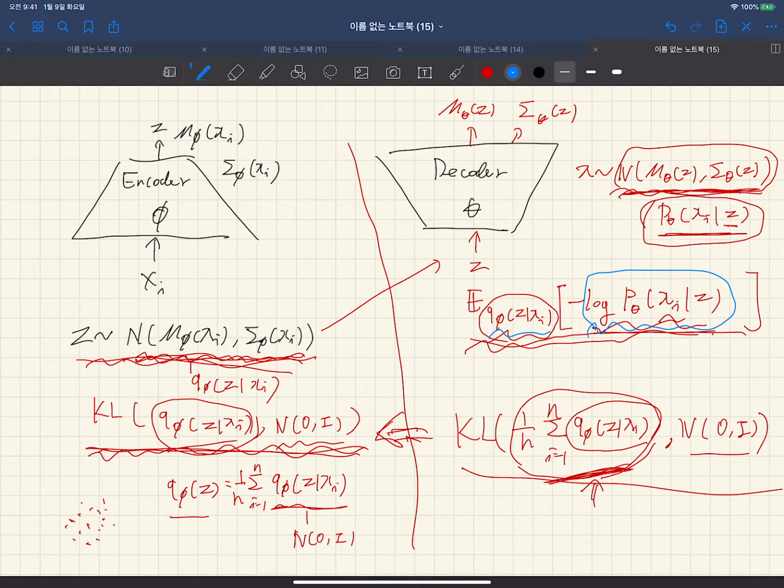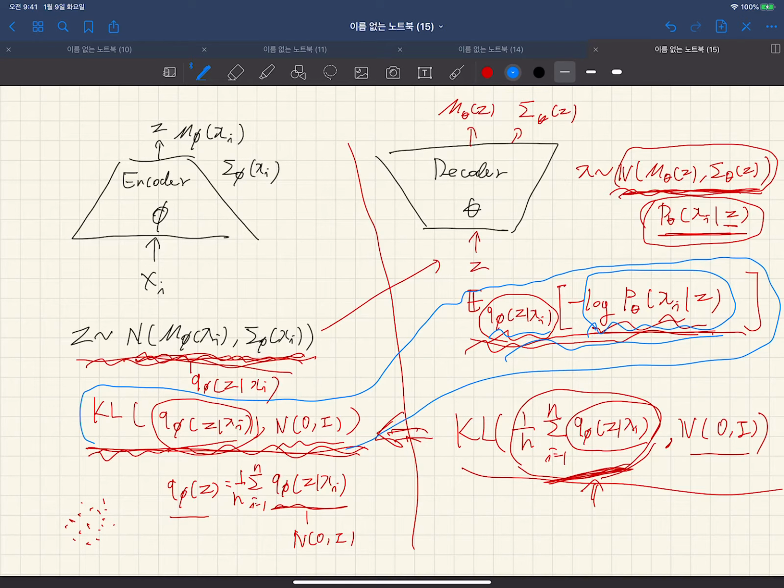Okay, from this combination of loss functions, q_φ(z|x_i) does not converge to zero mean and unit identity variance.